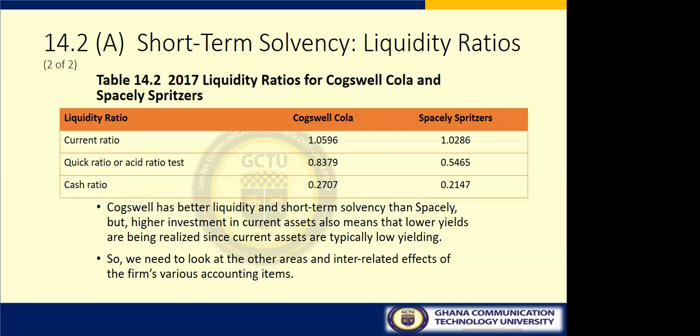So basically, the company has more current assets to settle its current liabilities, after deducting inventory, than the second company. So the first one is performing better than the second one.